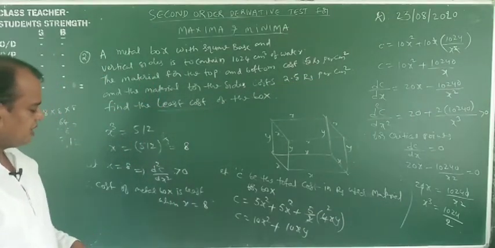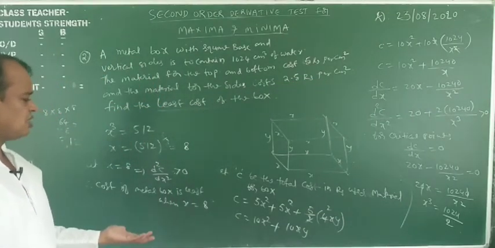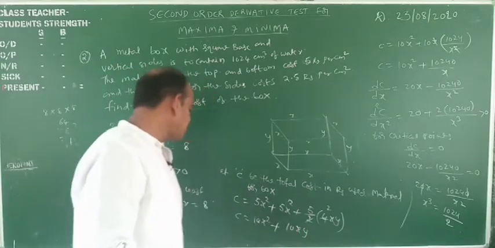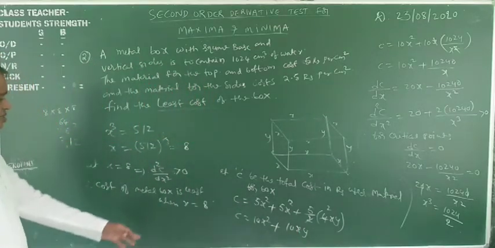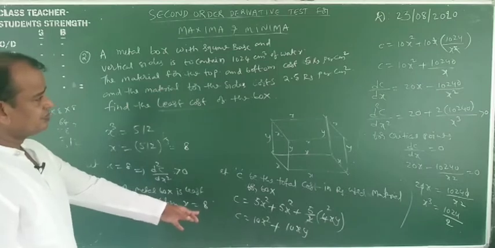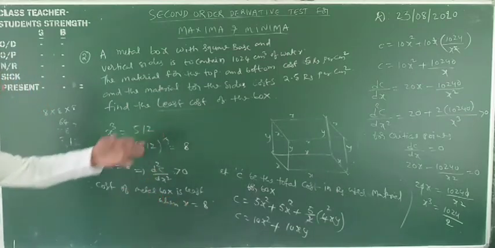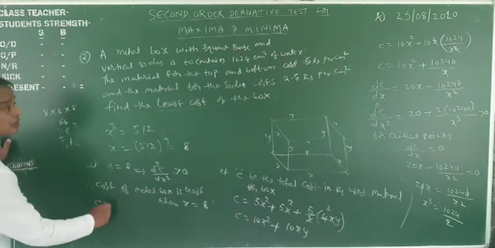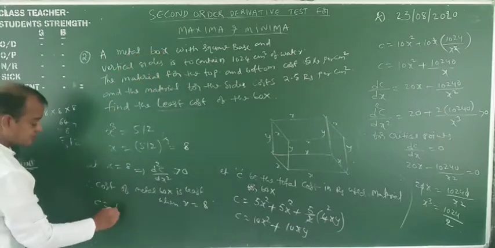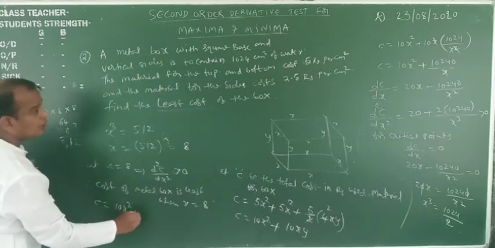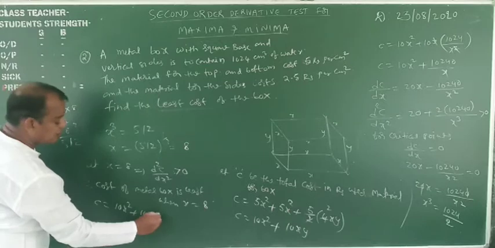Okay, we will find the total cost. Total cost means here you will find the x value, suppose x is equal to 8. Okay, no problem at all. Now cost is equal to, substitute in that one, 10x square plus 10,240 by x.